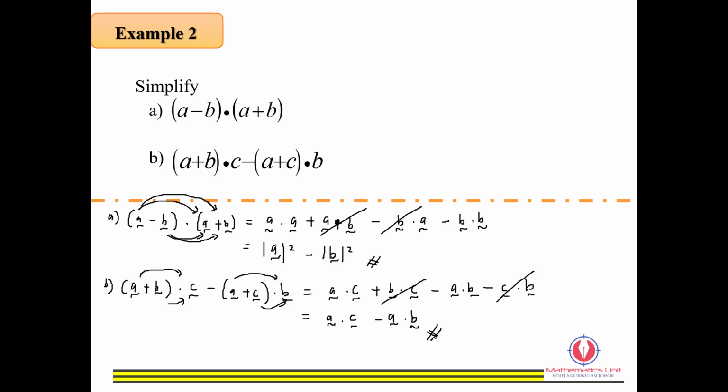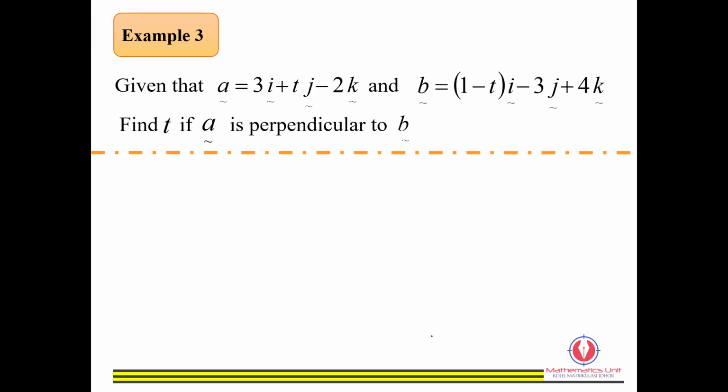Okay, now look at example 3. Given that vector A is 3i plus tj minus 2k, and vector B is (1 minus t)i minus 3j plus 4k, find t if vector A is perpendicular to vector B. So we use rule number 3, which is if vector A and vector B are perpendicular to each other, it means that A dot B is equal to 0.